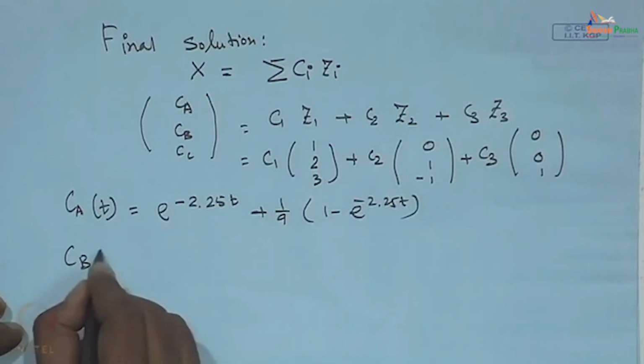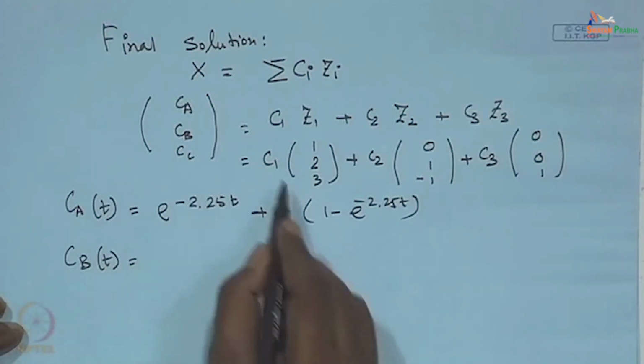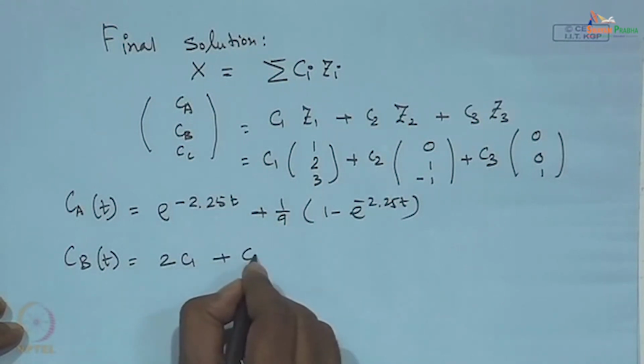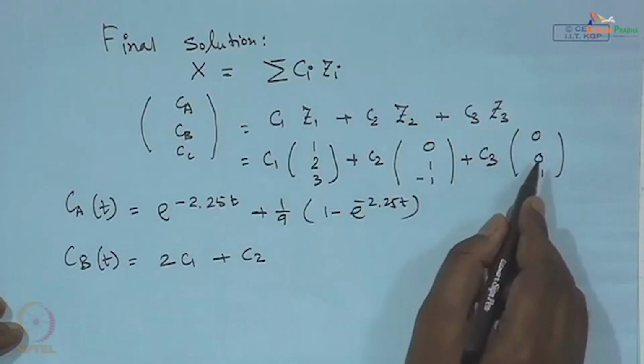And if you look into the expression of C B, it will be 2 times C 1 plus 1 times C 2 plus C 3 into 0.